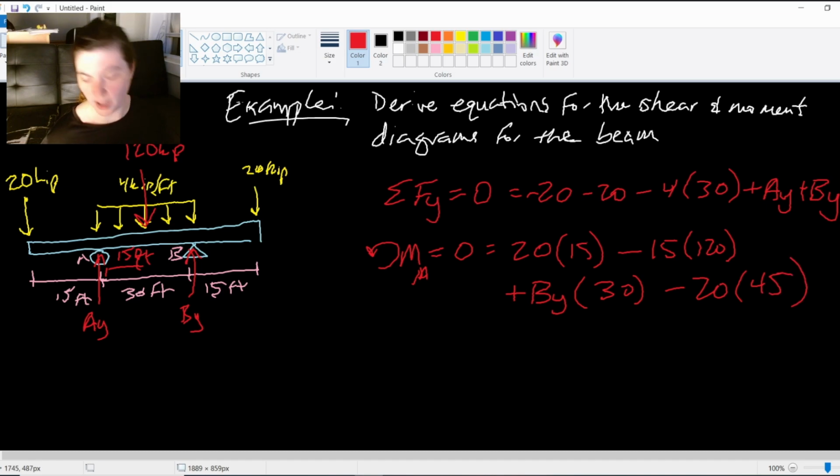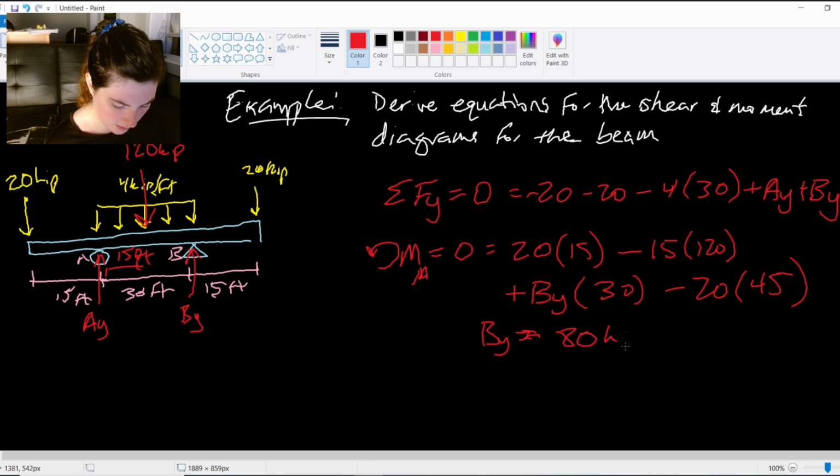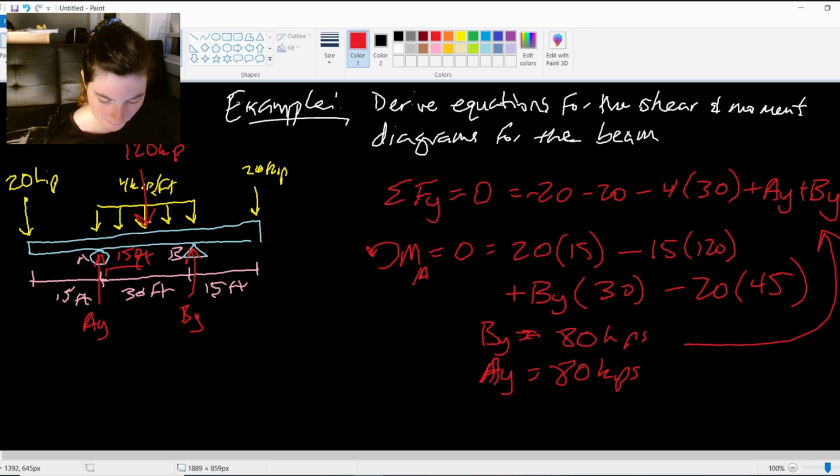So we've done a lot of these solving for reactions. That should be pretty self-explanatory. We have BY, when we punch it in a calculator, we get BY is 80 kips, and therefore AY, if we plug that back up in there, is also 80 kips.